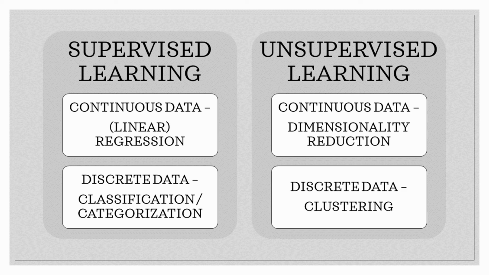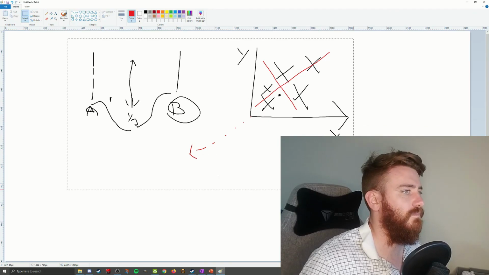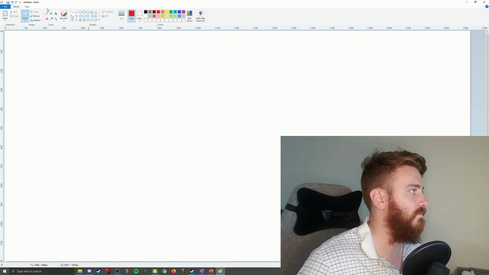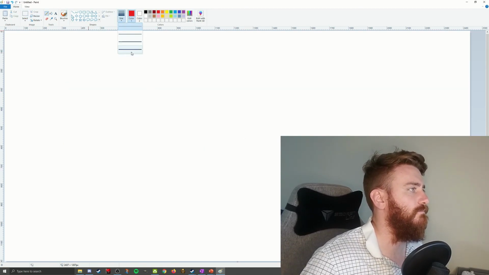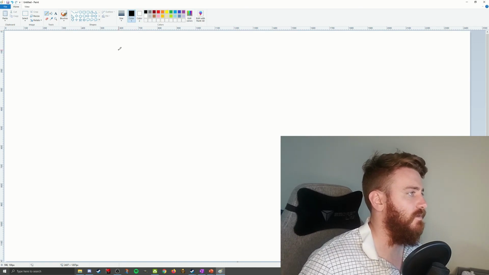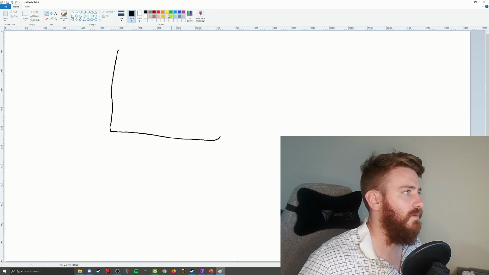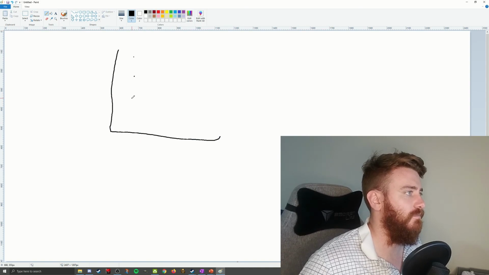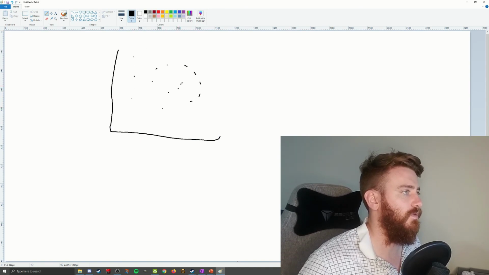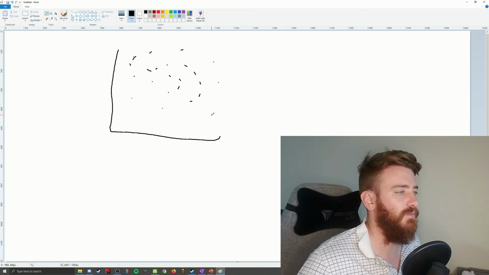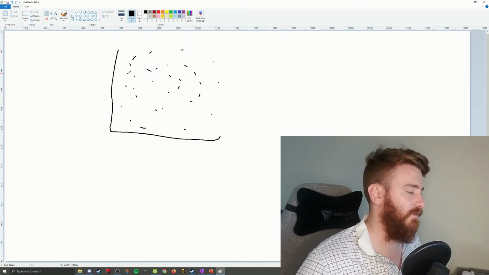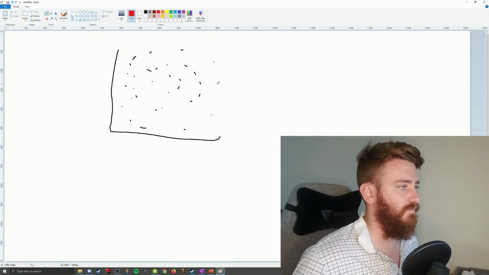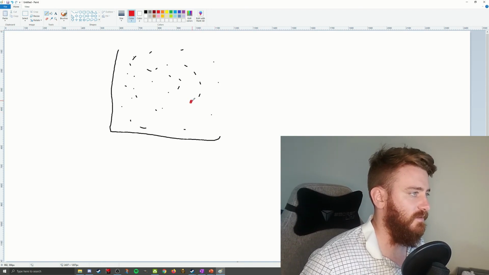Let me see if I can show that in Paint without looking too terrible. I'm just going to put a whole bunch of dots here. I know some of them are dashes, some are dots. I'm impatient, sorry. So what this is going to do is, let's say we've selected this as a starting point for one, and this is a starting point for another.